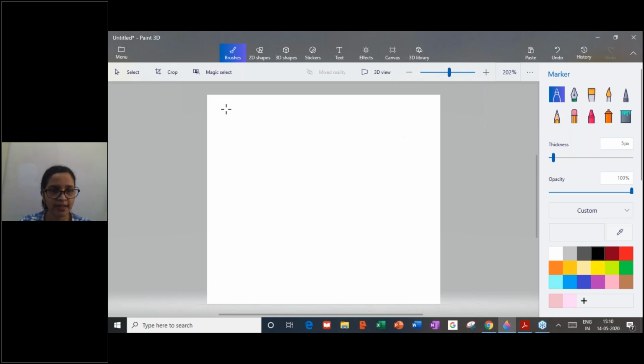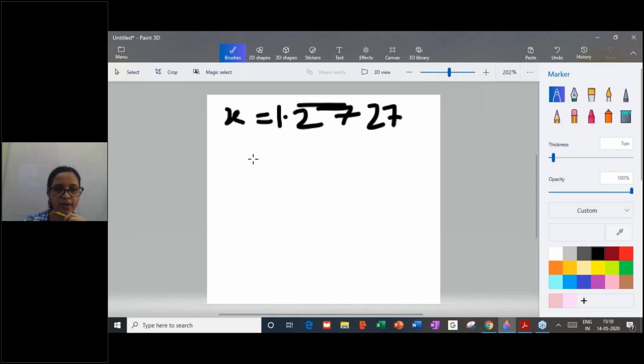So first you write x as the number you got, which in this case is 1.2727 recurring. Since only two digits, 2 and 7, are recurring, you can take it as 100. Aditya, yes, I'm repeating. I hope you can get it now. Yes, Abir, I'll take up your doubt once I finish explaining this.